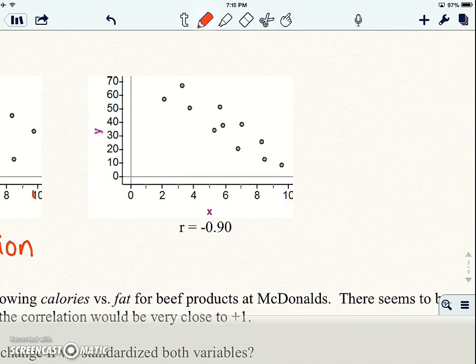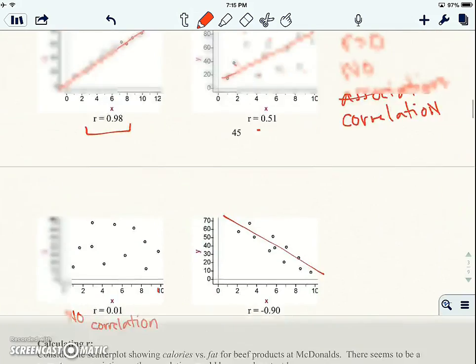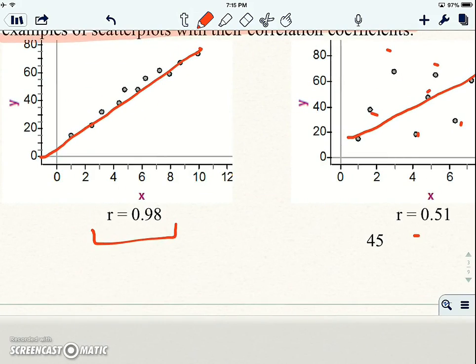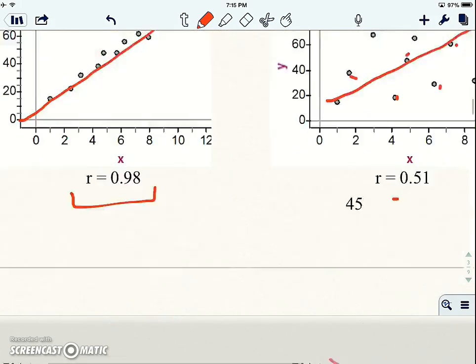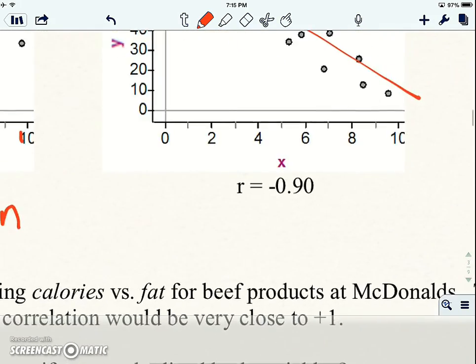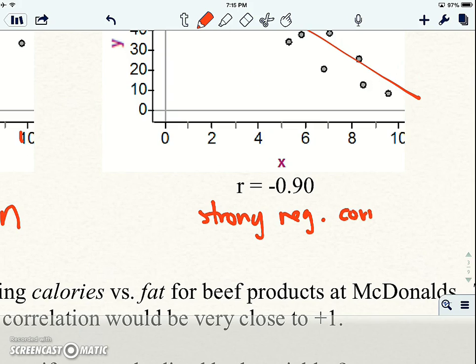And then this one also is a line, but it's going the other direction, more negative. Notice it's not quite as squished together and less scattered as here. Okay, so this one has a fairly strong negative correlation. That's why it's 0.9. Okay.